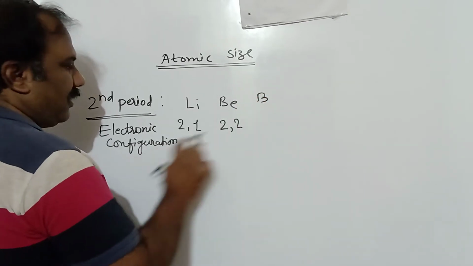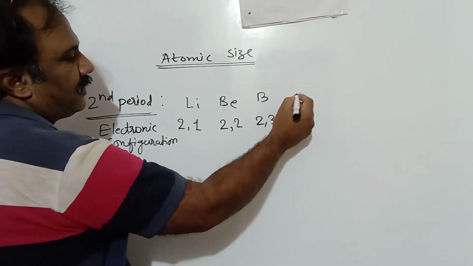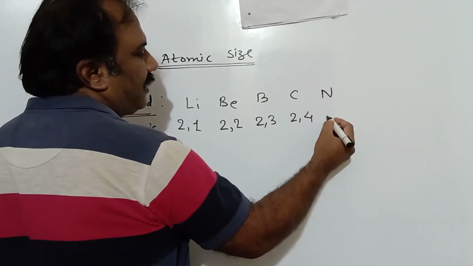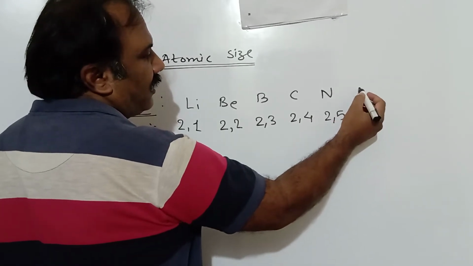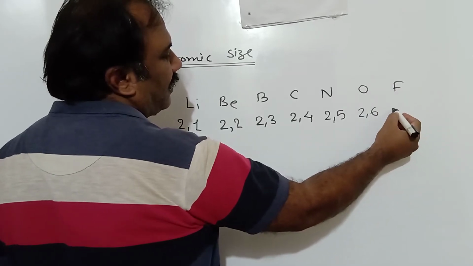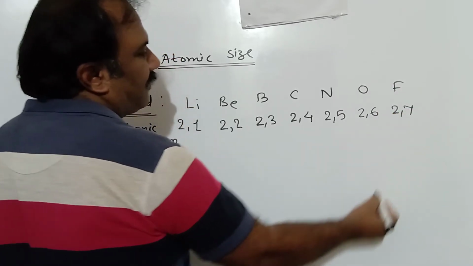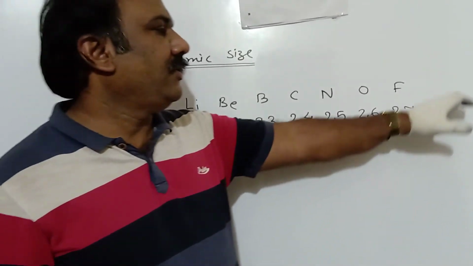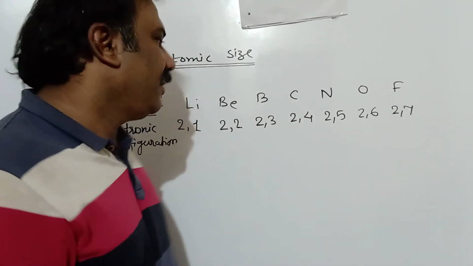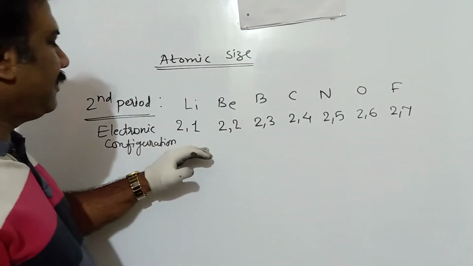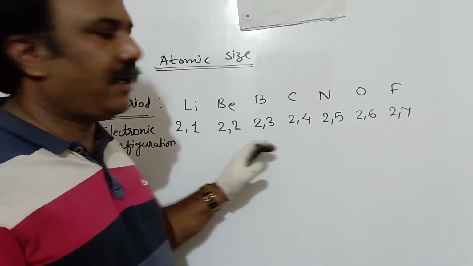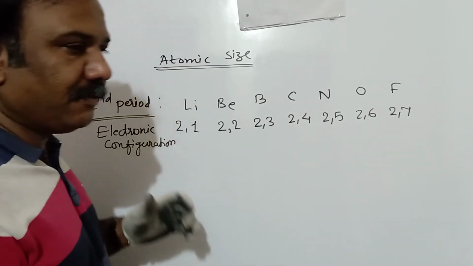Then boron, and its electronic configuration is 2 3. Then carbon 2 4. Then nitrogen 2 5. Then oxygen 2 6. And then fluorine, whose electronic configuration is 2 7. And then there is neon. So let us consider up to fluorine only, as there are only 2 orbits in every atom of the second period elements.